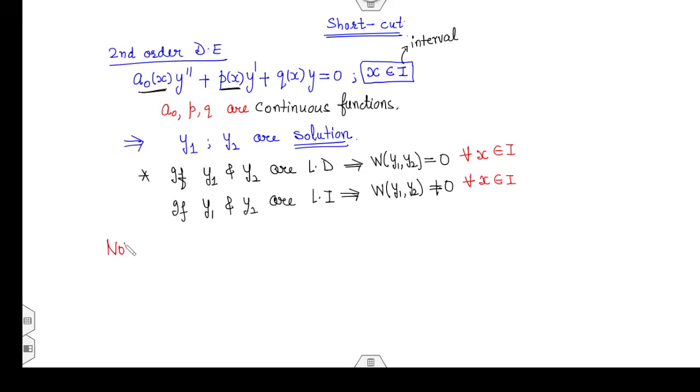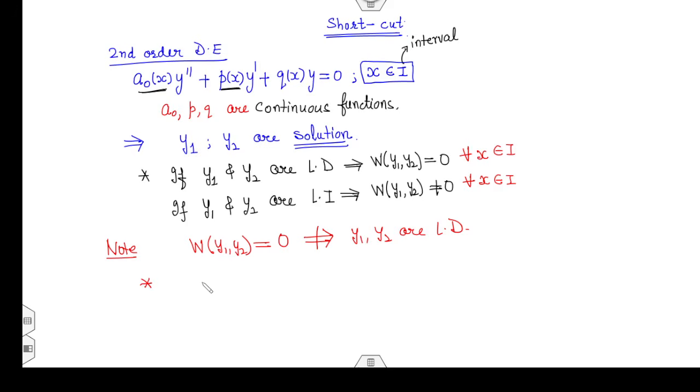But make sure, students, if you prove that the Wronskian of y1 and y2 is 0, it doesn't imply that y1 and y2 are LD. It may or may not be LD.